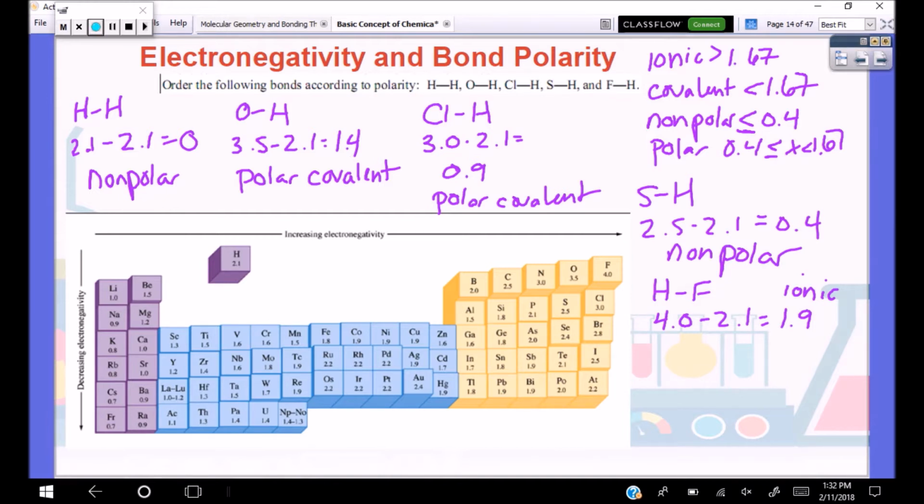All right. So now we have to arrange them according to polarity. It doesn't say least to greatest, but let's do least to greatest. So we've got our least, and then I think 0.4 is the next one, so SH. Then we've got the ClH bond, and then we've got OH.